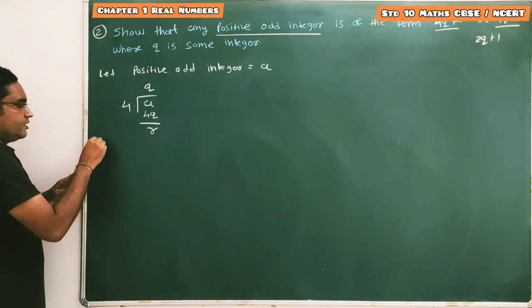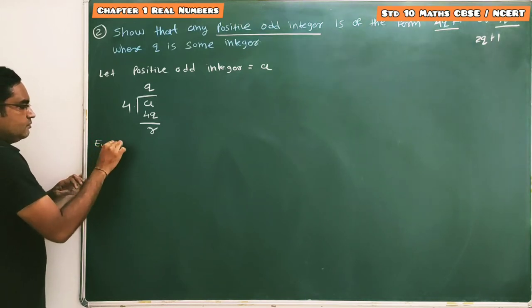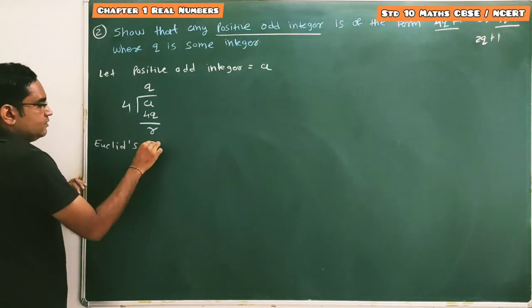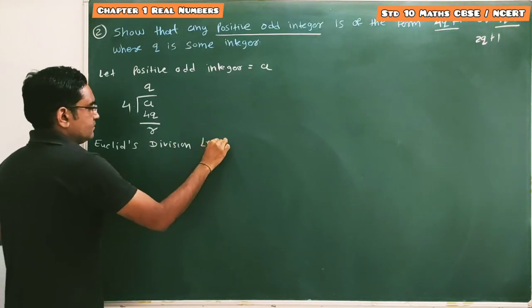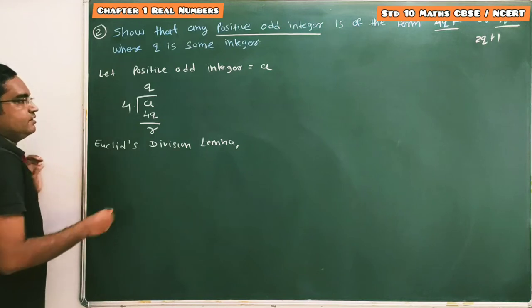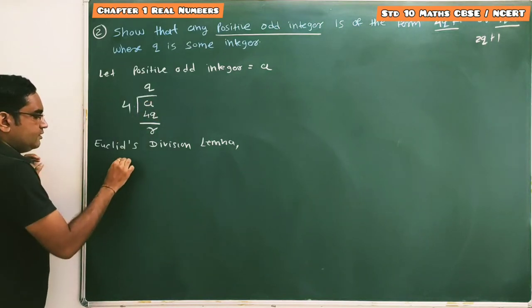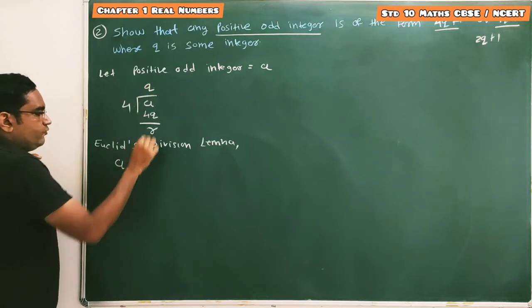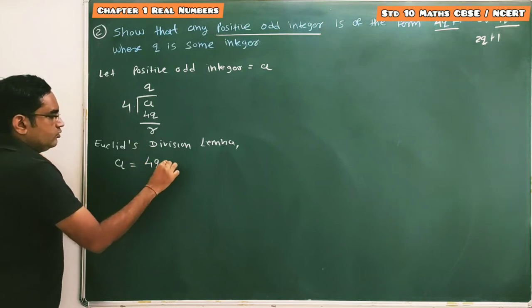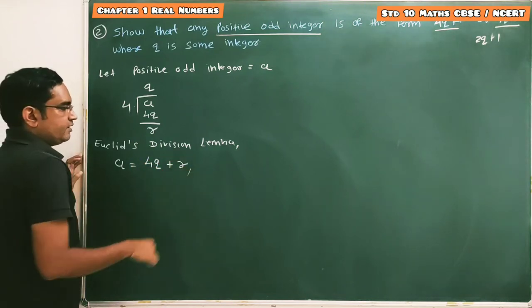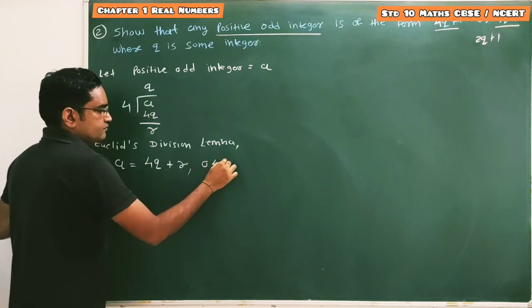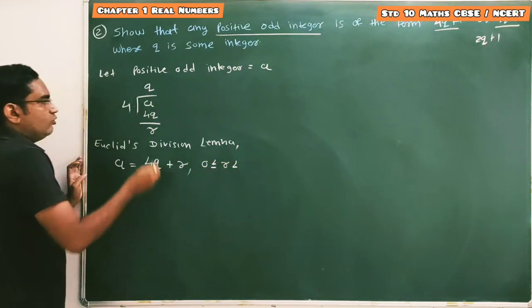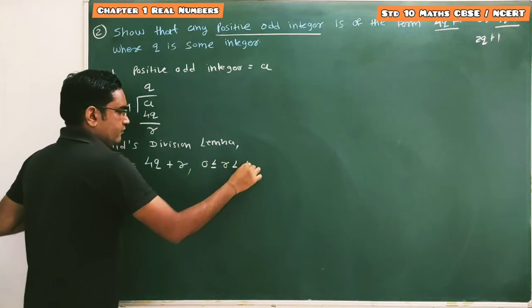So by using Euclid's division lemma, we can say that this positive odd integer a is nothing but 4q plus r, where the value of r can be greater than or equal to 0, but it will always be less than the divisor, which is 4.